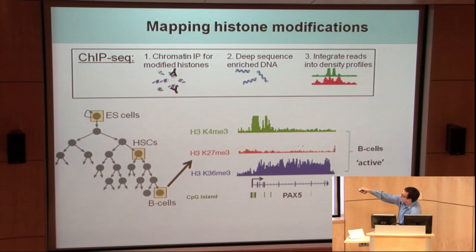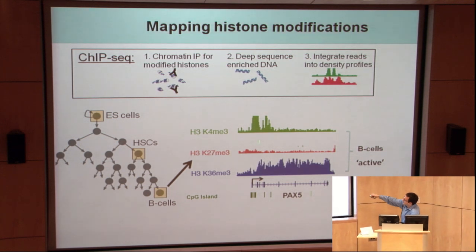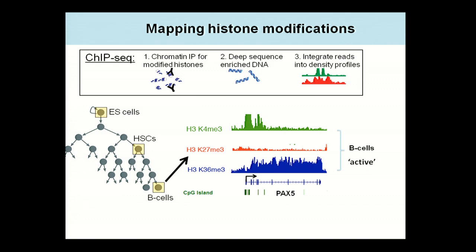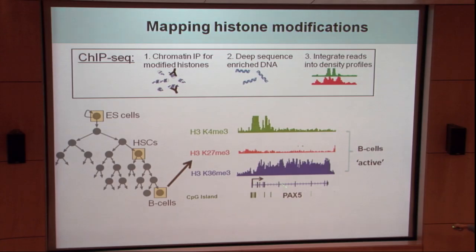You lose the repressive mark, the activating promoter mark intensifies, and now there's this new mark of K36 methylation that's extending across the gene, signifying transcription. So really, all of these activities are marked at the level of the genome in terms of its chromatin, and they provide a very valuable tool for us to now not only annotate genes and other regulatory elements, but understand their activities in different cell types.